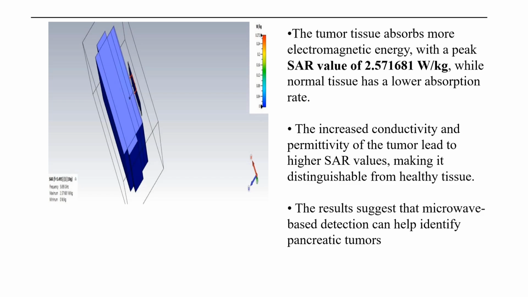For the effectiveness of microstrip patch antenna in identifying pancreatic cancer, VSWR analysis is important. The image given depicts the scenario when the pancreatic tissue is free of any tumor and shows the respective VSWR graphically.